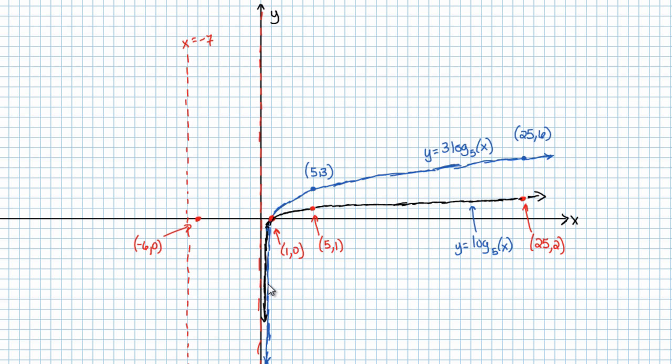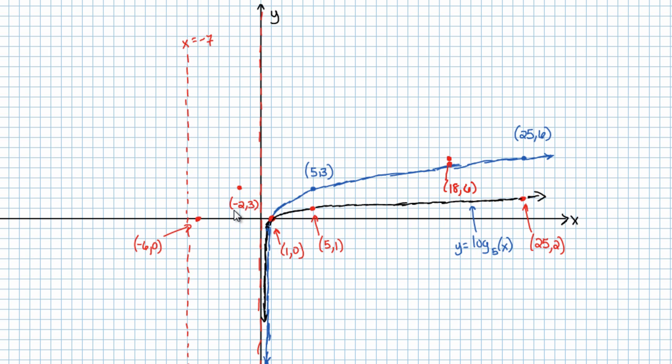The blue curve, we're going to shift that point 5, 3 to the left 7. So it'll be actually at negative 2, 3. And I almost messed that up. So negative 2, 3. And then finally, this point that was at 25, 6 will also be shifted over to the left 7 units. And that'll be 25 minus 7 is 18, 6.